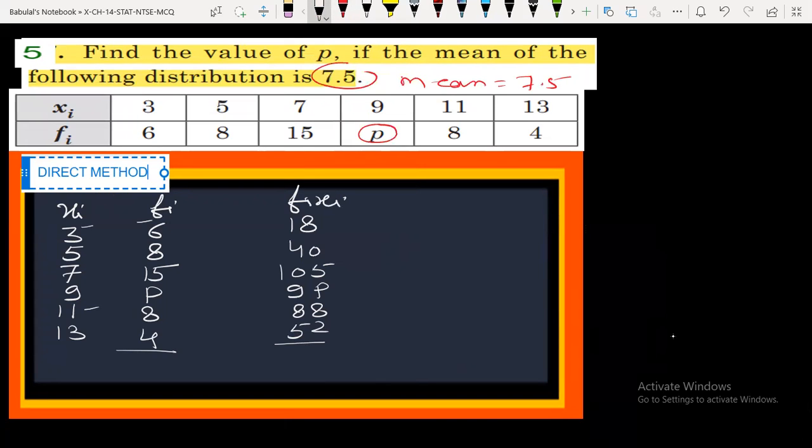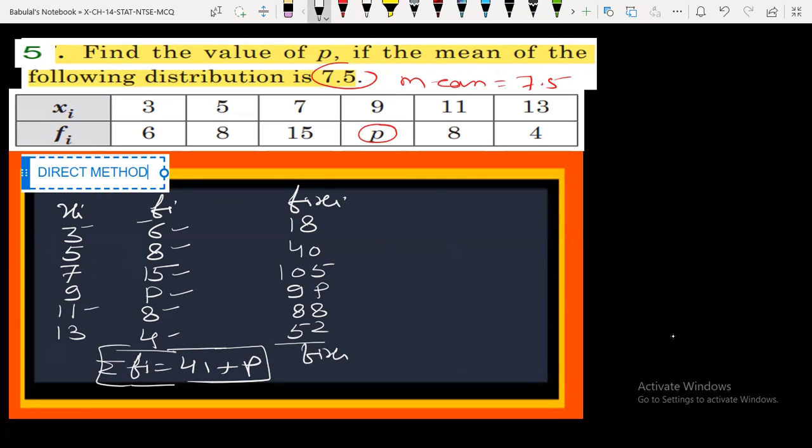What is the sum of all frequencies? So 6 plus 8 plus 15 plus 8 plus 4, that is 41 plus this p as it is. So the sum of all frequencies is 41 plus p.